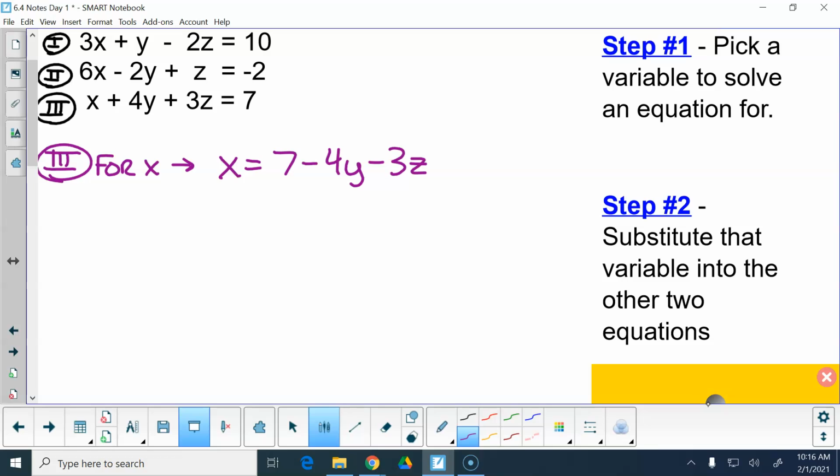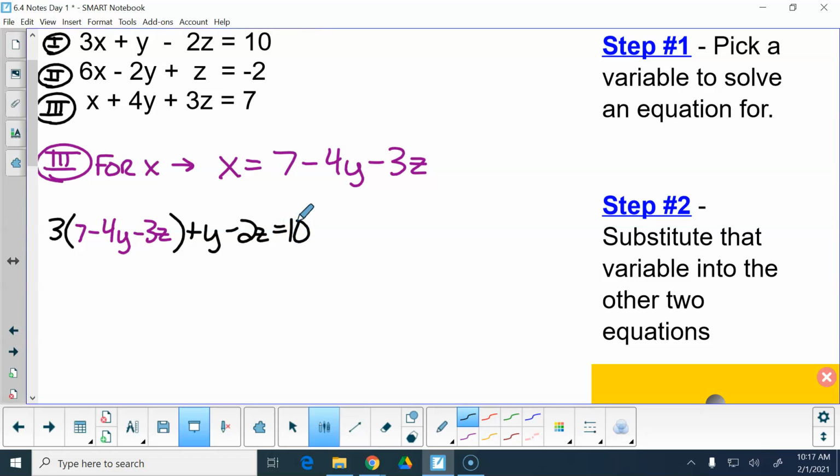So that would become 3 times (7 minus 4y minus 3z) plus y minus 2z equals 10.